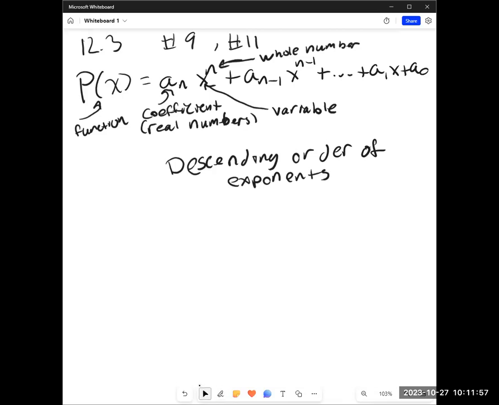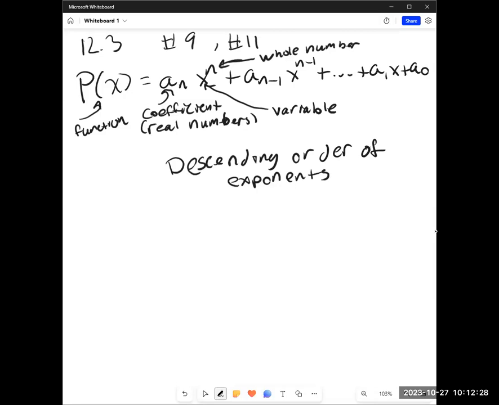The exponents there may have some that are 0, and you won't see those terms. So don't worry about that. The x to the 0 term is over here; you'll only see the constant part. If you have a coefficient of 0, 0 times anything is 0. So if I have a 0 x to the third, I won't see the x to the third term.